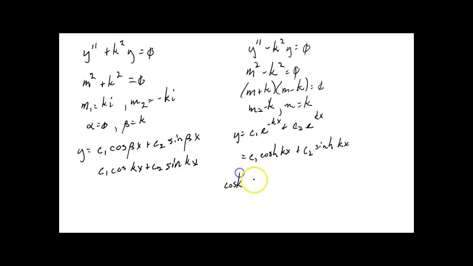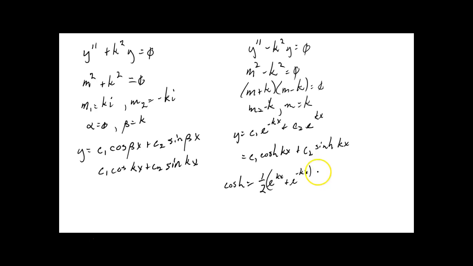Hyperbolic cosine, I'm ready to write a k, but not there. Hyperbolic cosine, and this is in your text too, is 1/2 e to the kx plus e to the minus kx.